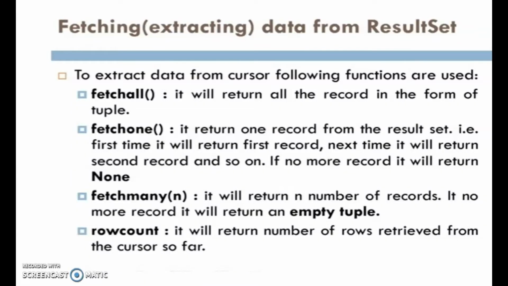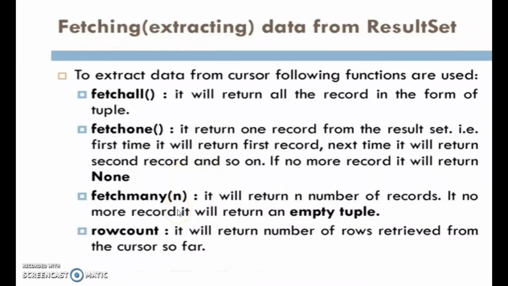Then second one, fetchone. It will return one record from the result set. That is, the first time it will return the first record, next time it will return the second record, and so on. If there are no more records, it will return None.